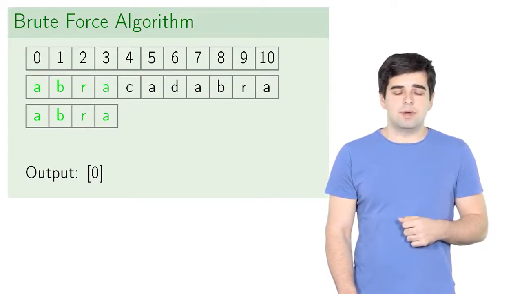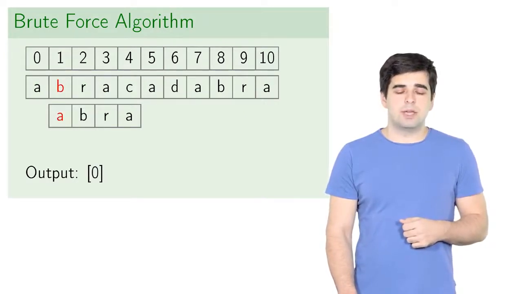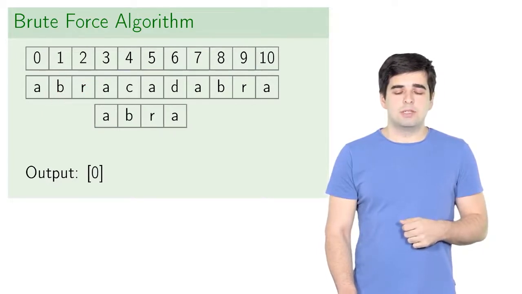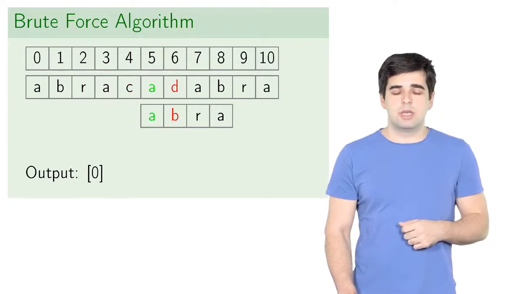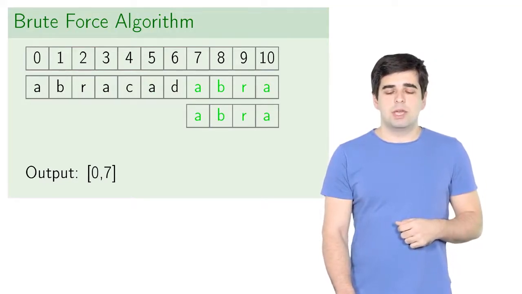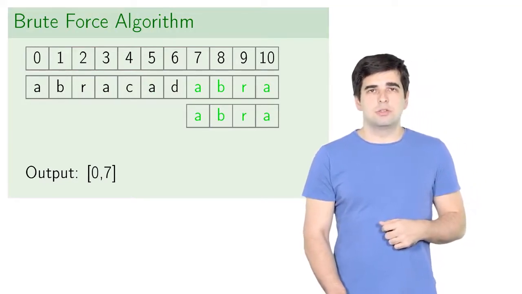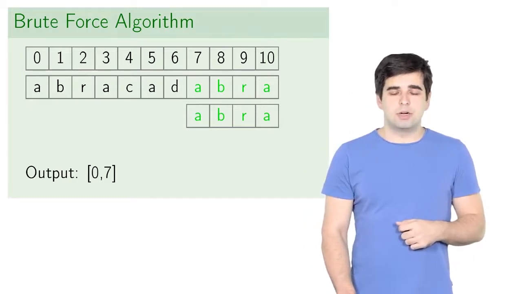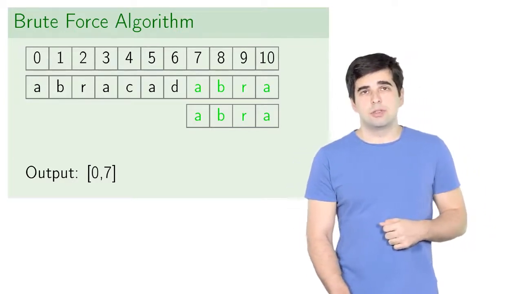And then we slide the pattern one position to the right, and we compare the first symbols and they don't match, so we slide the pattern again, and again no match, and again. We just slide the pattern, compare the symbols, and if they don't match, we slide the pattern to the right, and then in the last possible position, we again find the occurrence of the pattern in the text. And so our output is a list of positions 0 and 7, and those are all the positions where the pattern occurs in the text.